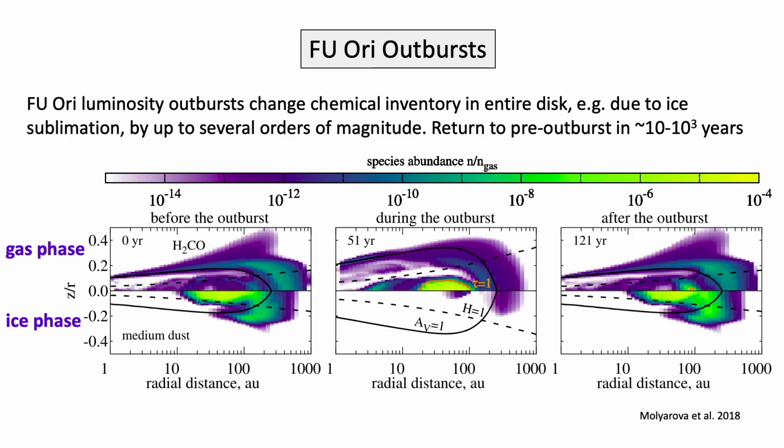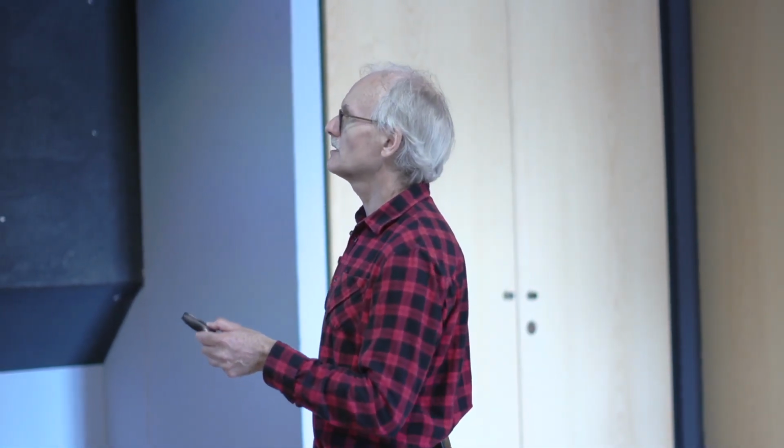You see suddenly an increase of H2CO between 10 and 100 AU in the gas phase, but you see that the ice phase has been eliminated. There's no ice anymore. That's because the disk is warmed up by this bursting behavior of the inner disk. And then, after a while, it may go back to the original situation. So you can also see how disks change their chemistry because of these bursts.